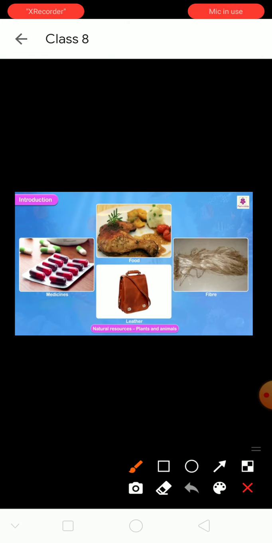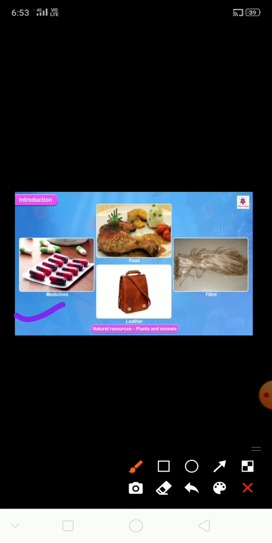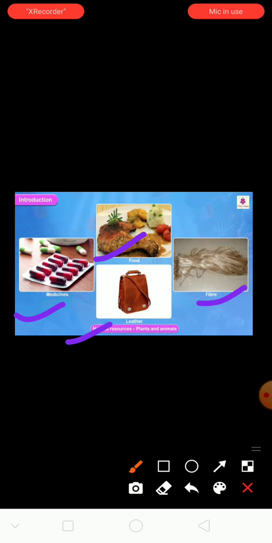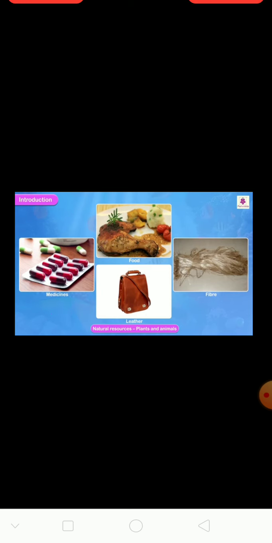See here in this picture, medicine, food, fiber and leather. Here plants and animals are natural resources. Afterwards, man makes their products. Those products are here: medicines, food, fiber and leather, etc.